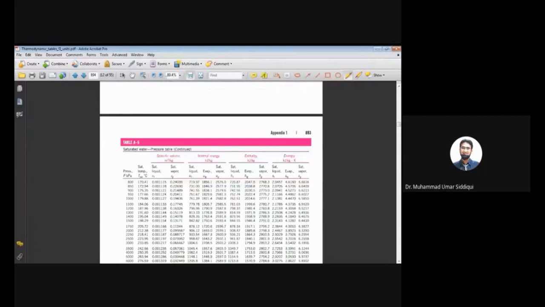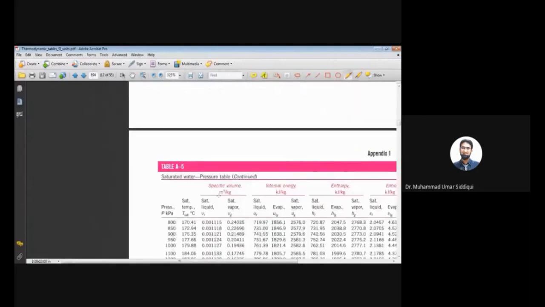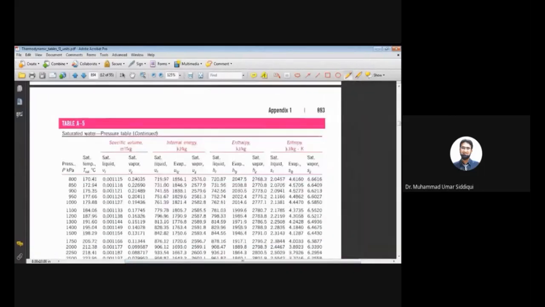Now let's come over to the thermodynamic tables. You need to focus with me, okay? This is something very important that I'm discussing with you. Suppose we have two properties. The first thing we need to do is go into the saturation table and make a decision, because based on the two properties we need to decide which state our fluid is in.